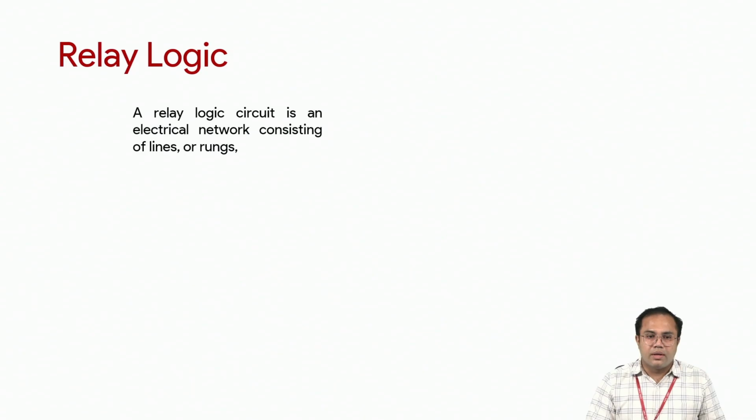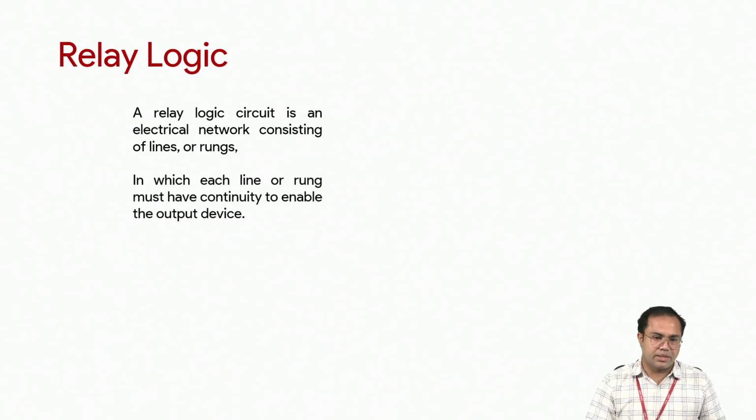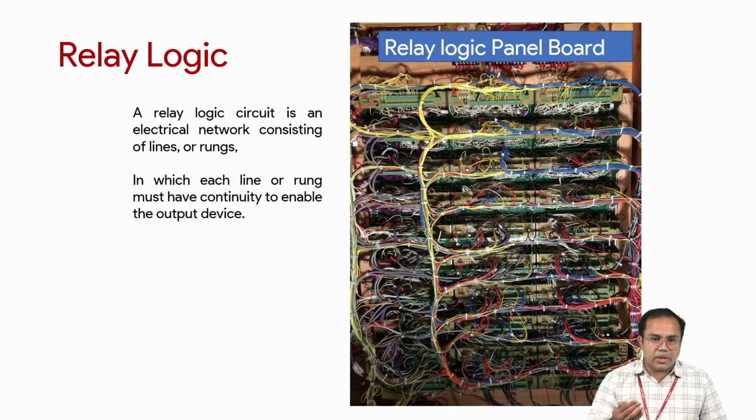It consists of some electrical wiring, an electromagnetic coil and some moving parts in it. When you look at a relay logic panel board, it's very complex, and troubleshooting these panel boards is very difficult.